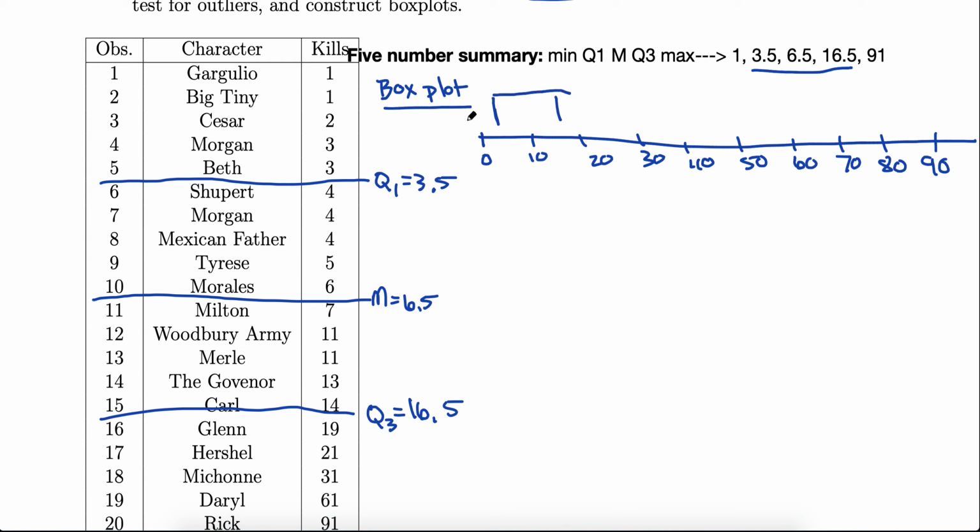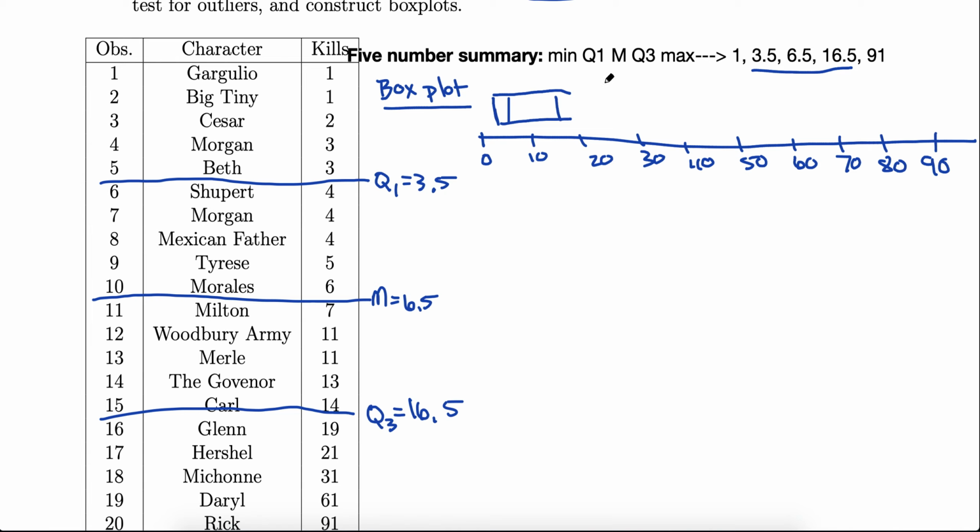So I'm going to draw a box that covers that distance. Q1, 3.5, to Q3, 16.5. And then we're also going to toss in the median here, 6.5. So somewhere like this is my median. So Q1, median, and Q3. Sorry about these little lines going beyond on the box.